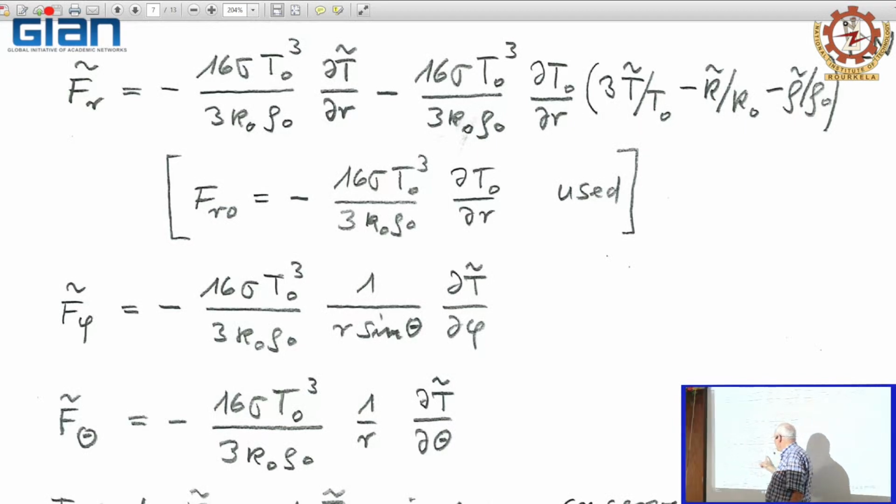Everything here is given by the unperturbed diffusion coefficient, and only here, once we expand into first order, we relate the phi component of the flux.